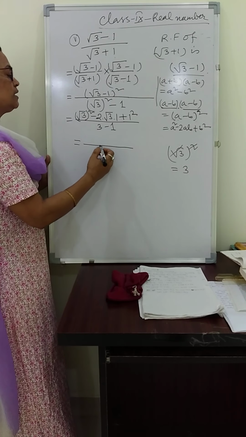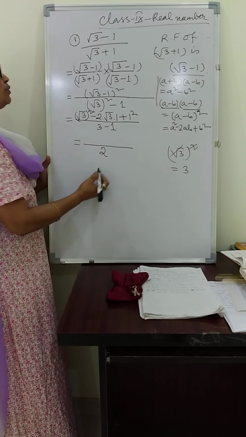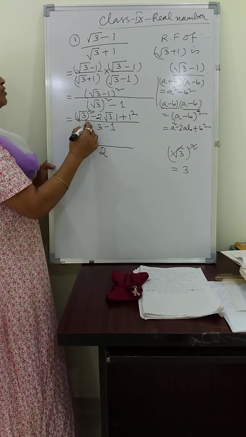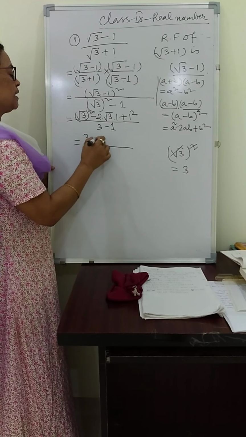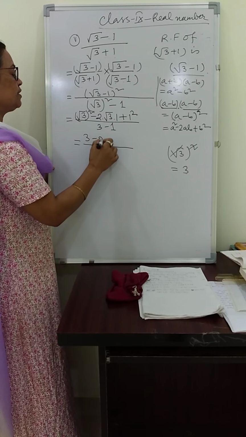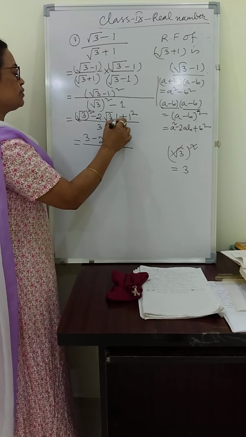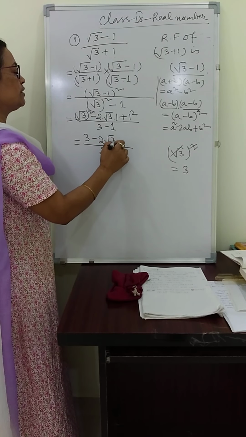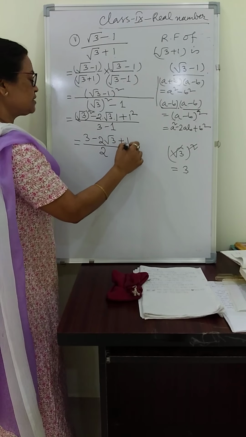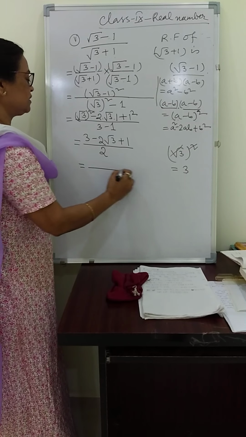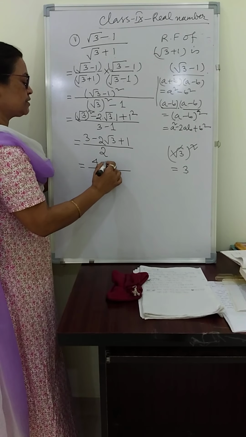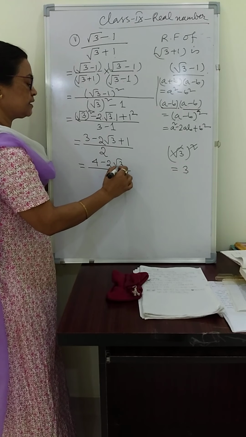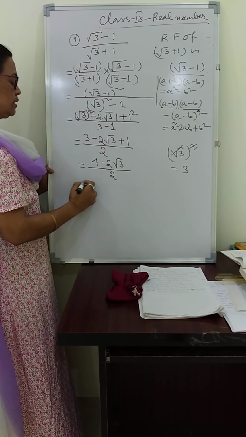Now just we simplify. 3 minus 1, that is 2, in the denominator. Similarly in the numerator, you have 3 minus 2 into root 3, 2 into 1 is 2, into root 3, plus 1 square is 1. Now you see 3 plus 1 is 4 minus 2 root over 3, by 2.